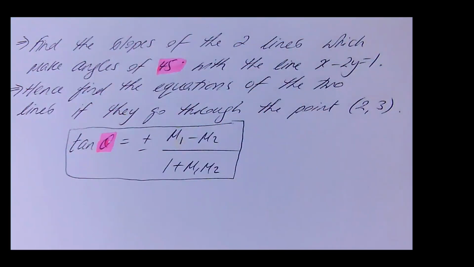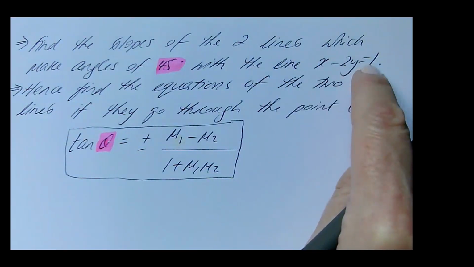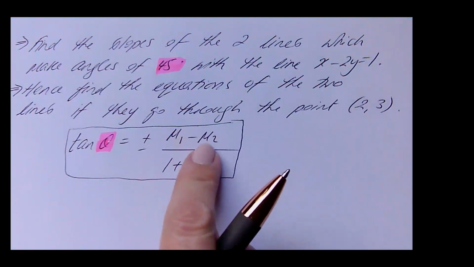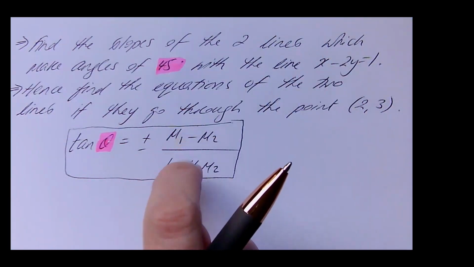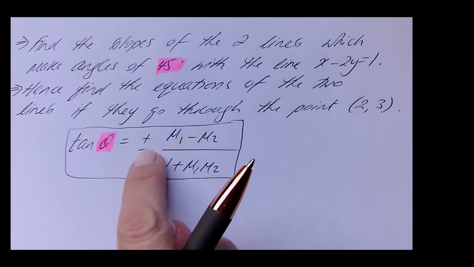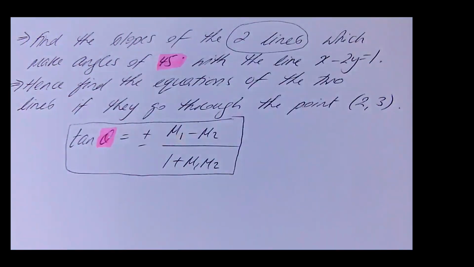And the other thing that I am going to be able to pull out is, of course, the slope of this line. And then that will be able to be inputted in for one of these slopes here, which will then leave me with only one unknown, all right? And the plus or the minus is what's going to give me two different values for the second slope.